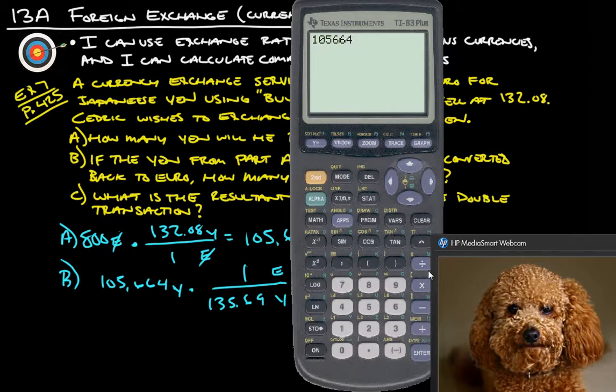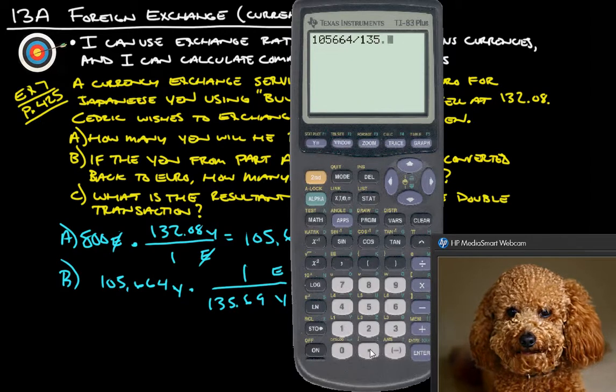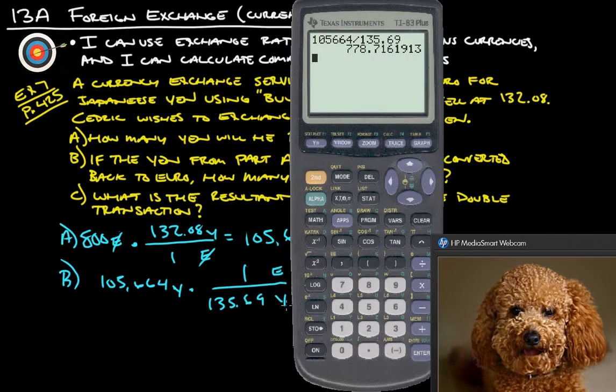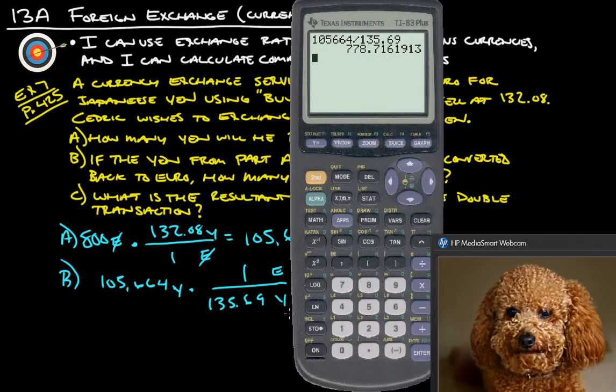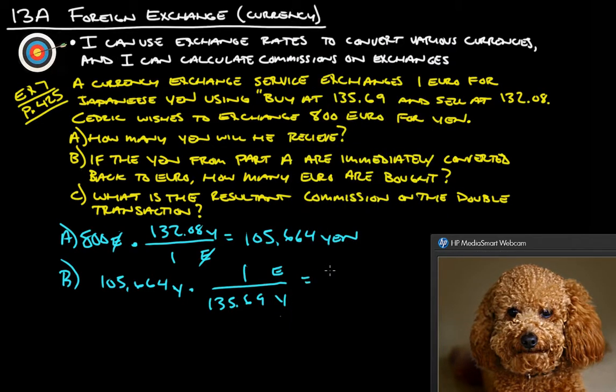There we go. And we're going to multiply it by 1 and then divide by 135.69, and we get 778.72. All right, or let's just round that to 779 euro. Okay, so that's part B.